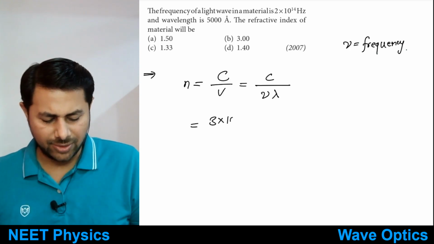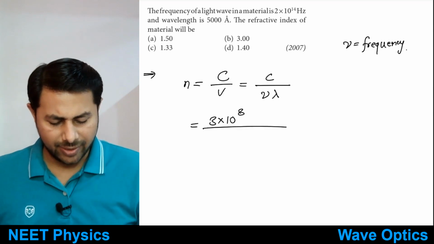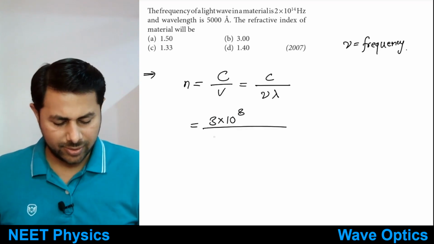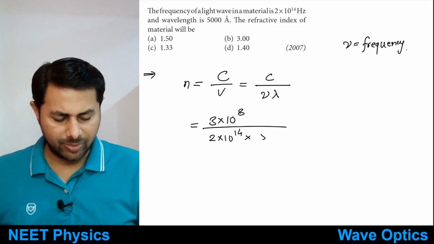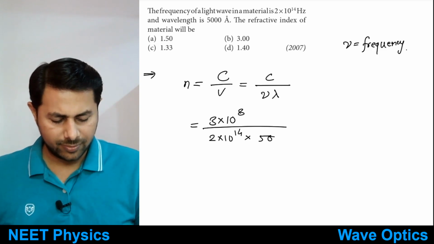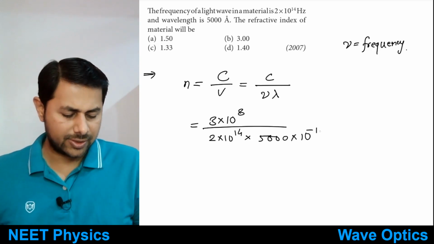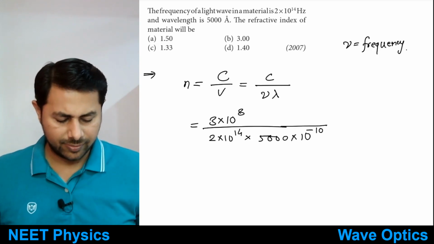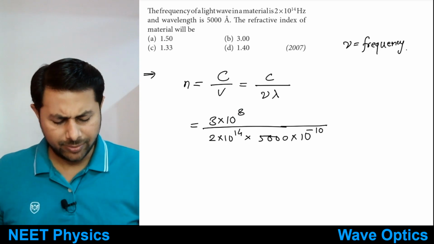So substitute values, 3 into 10 raised to 8 divided by nu, which is 2 multiplied by 10 raised to 14, multiplied by 5000 angstrom units. 1 angstrom is 10 raised to minus 10 meters. So then what do we get is 1.5.